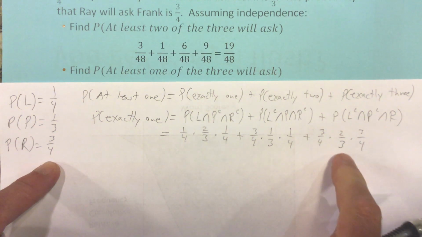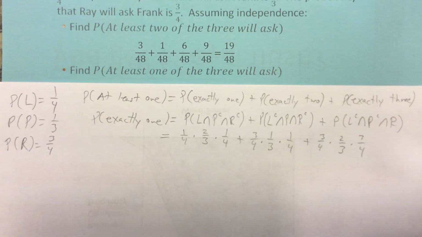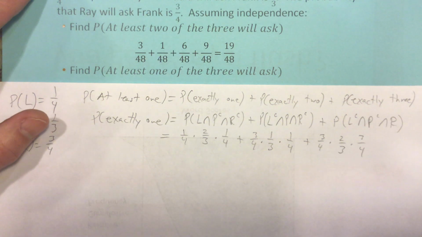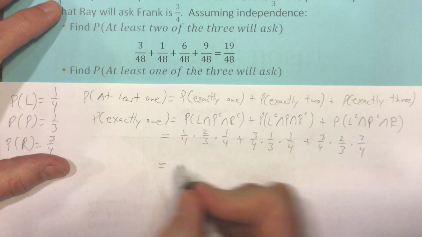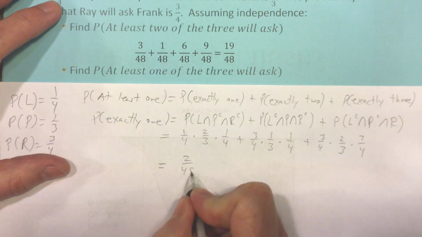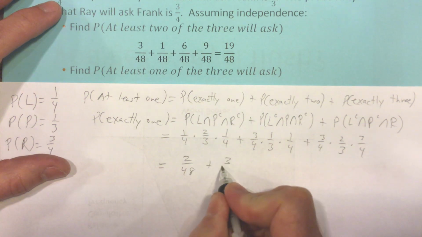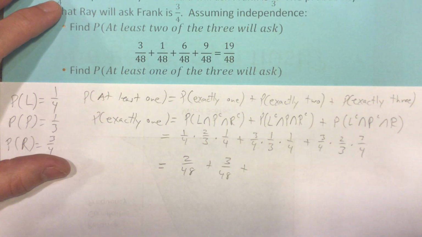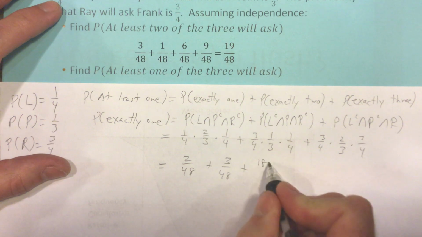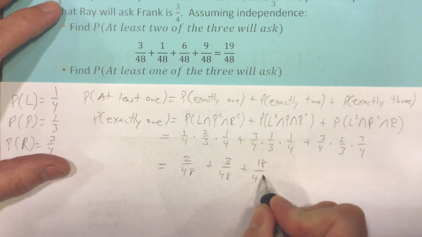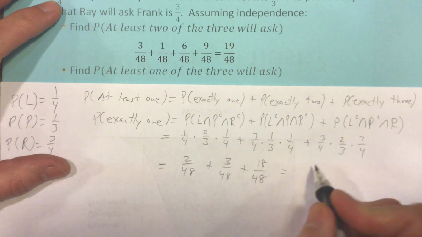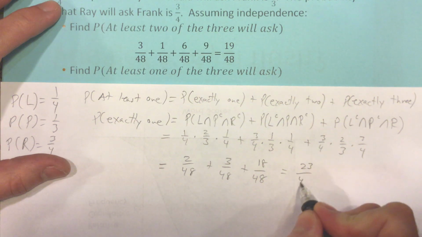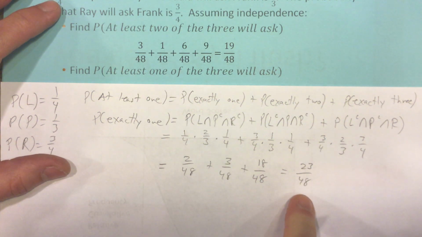There's the most likely outcome of any of the outcomes in the sample space, right? Okay, work this out. 2 out of 48, 3 out of 48, 18 out of 48. So 23 out of 48, there's the chance that exactly one asks.